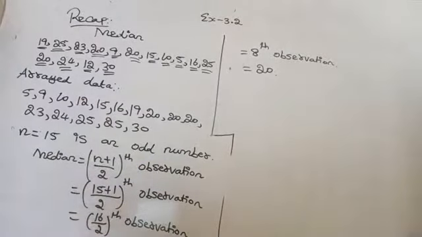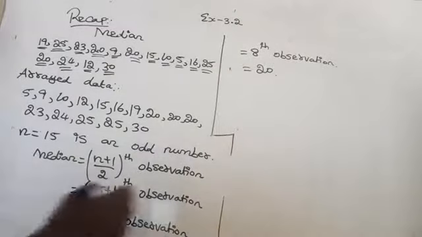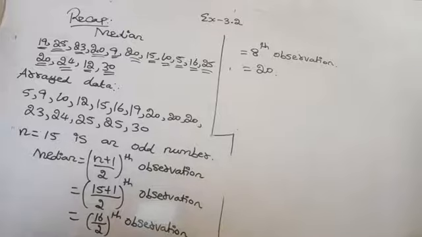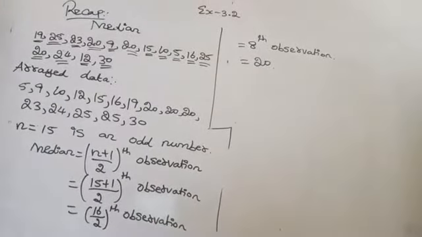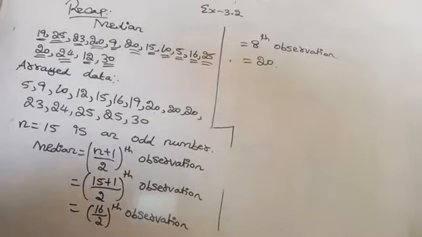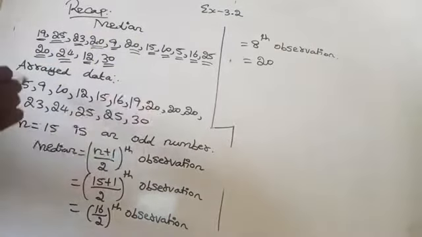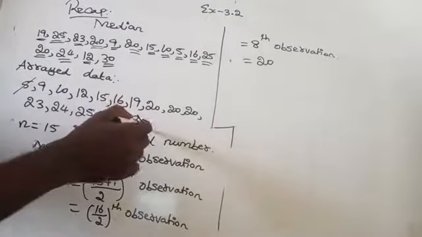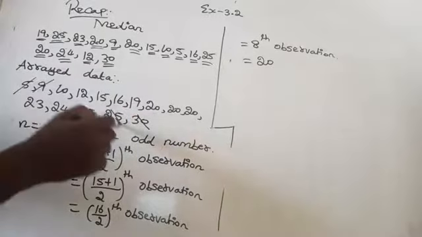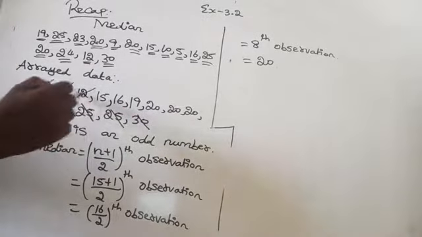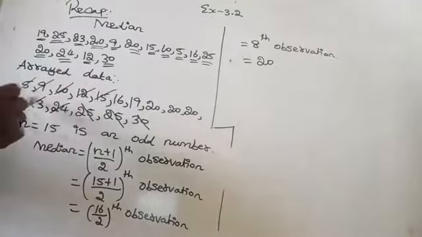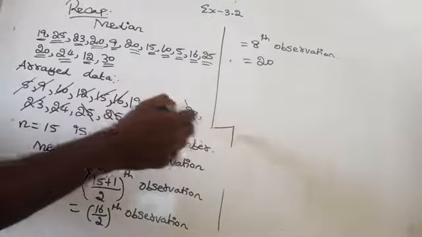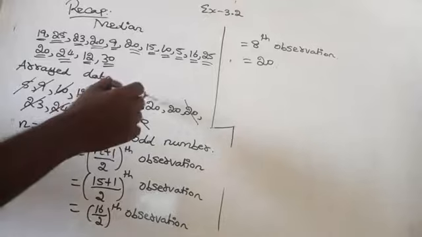Sir, if I don't want to apply this formula, then what can I do? There is one more shortcut. This is a shortcut method, but I will not prefer it. Always go with the procedure. If you forgot the formula, after arranging the data in ascending or descending order, strike out the first and last, second and second last, third and third last, fourth and fourth last, fifth and fifth last, sixth and sixth last, and then seventh and seventh last.